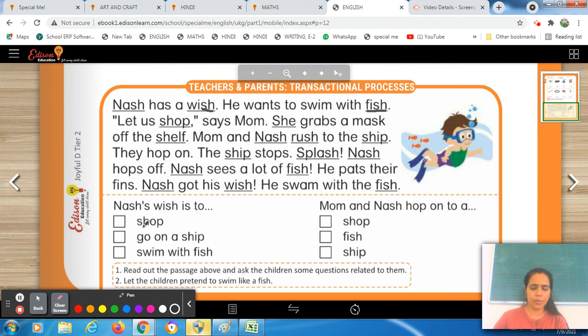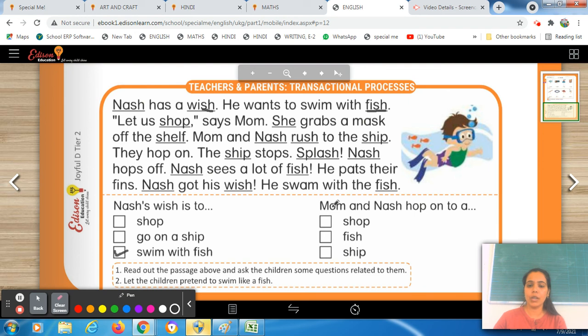Is his wish to shop? No, he doesn't want to shop. Go on a ship? Is that his wish? No, ma'am. Nash's wish is to swim with fish. What does he want to do? He wants to swim with fish, right? Maybe he must like nature. So here you have to put a tick.